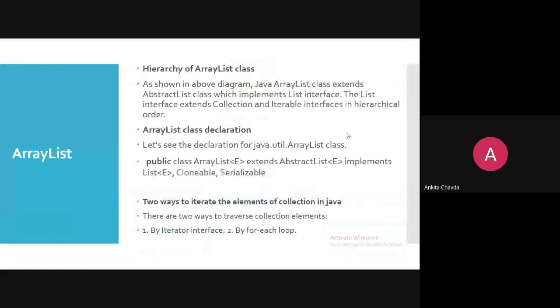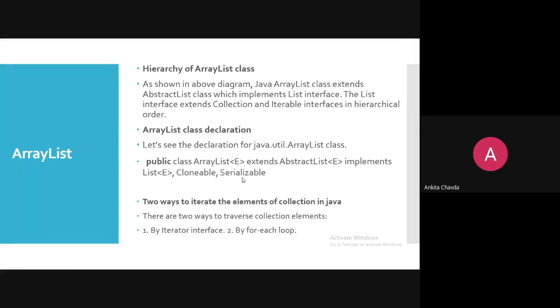So in the ArrayList class declaration, you will find these two words, Cloneable and Serializable. They are two interfaces, and there are many methods for them. These two interfaces are not in our syllabus, but if you wish, you can search for them.